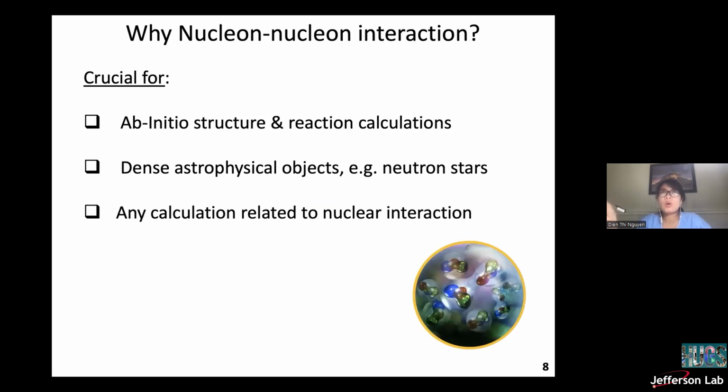As you see, when we have any model, this NN interaction is the initial input for the calculation. It is the input for structure and reaction calculations, and it also will be the input for many other calculations, from dense systems, neutron stars, or many other things. So this is a very crucial ingredient. We need to understand how the NN interaction works in order to understand nuclear structure. So that is why we need to study this object.